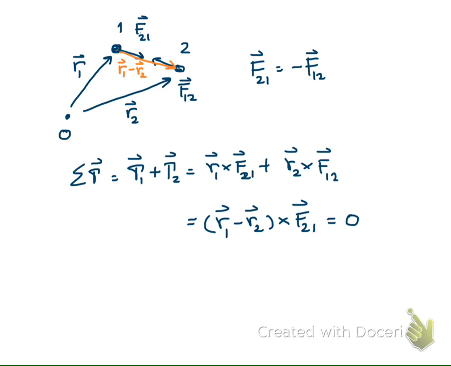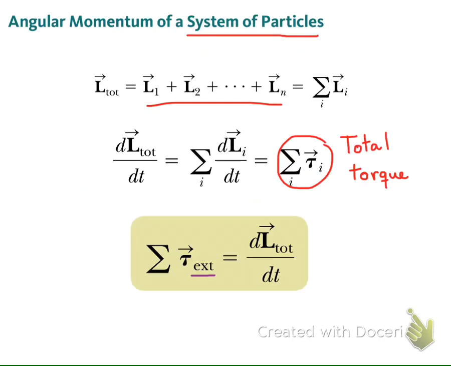So when we sum up all pairs in the system, the net torque for the internal force is equal to 0, which means that the rate of change of the angular momentum here must be equal to the total torque from the external force only, because the torque from the internal part, when we sum up in this equation, will equal 0.